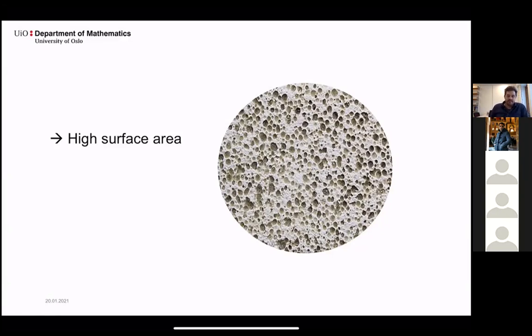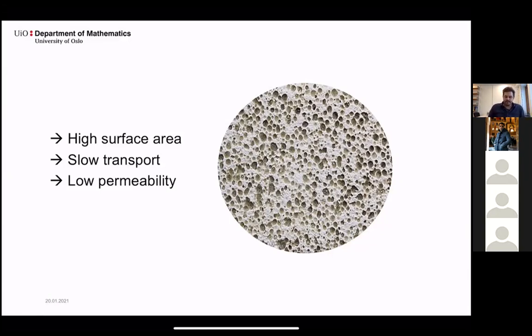We also might have a good storage capacity in our porous medium. There might be stuff in there that we want to get out. But when it comes to transport, this small pore structure makes transport quite difficult. So we have low permeability structures and therefore low transport of substances through a porous medium.